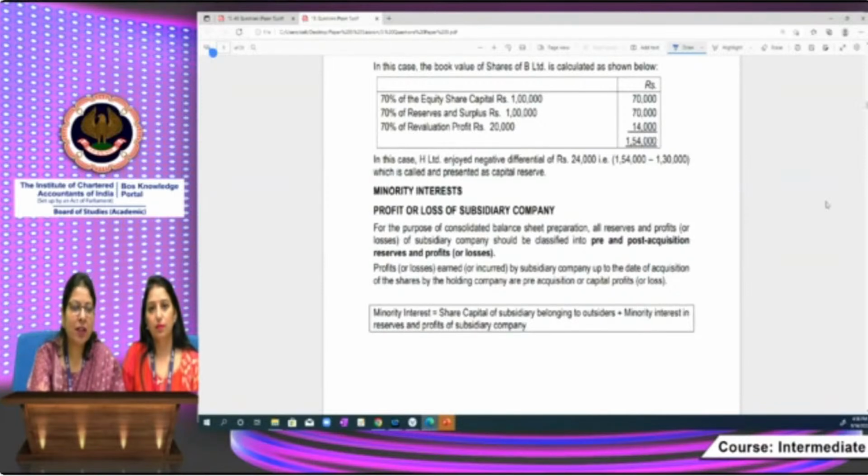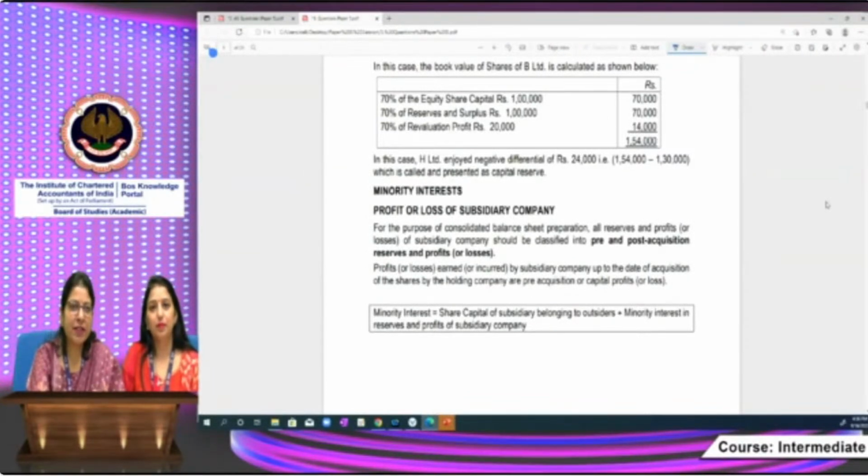So if the price is more than the share in pre-acquisition profits and reserves plus the nominal value of the shares which I am acquiring, then we will have the cost of control, that means goodwill. It will be shown as an intangible asset in the books of the holding company as goodwill.